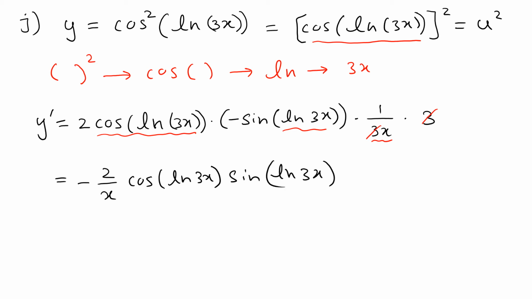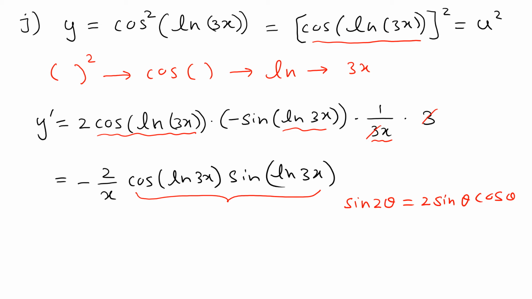That's what we have, and then you can see that you can actually combine these two into one. We remember one of the identities from trigonometry, which says that sine 2 times theta equals 2 sine theta cosine theta. That means 2 sine theta cosine theta, you can bring it back to one term.